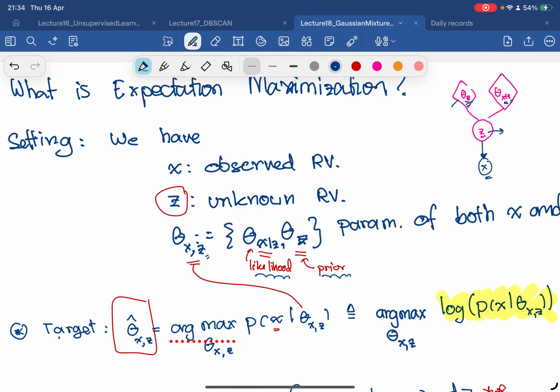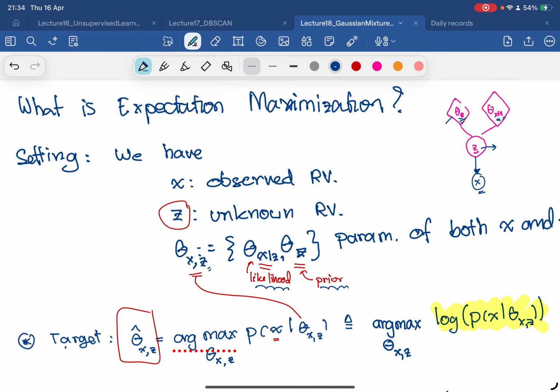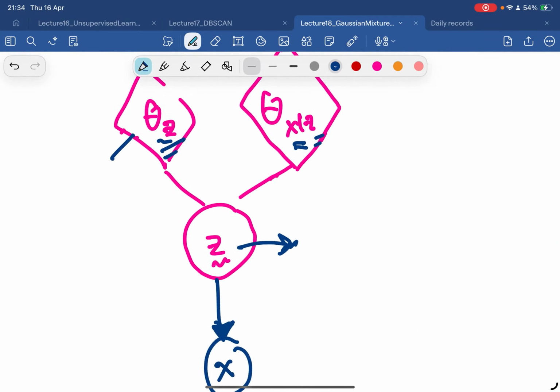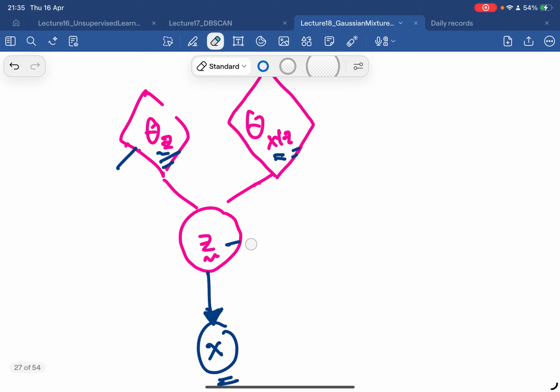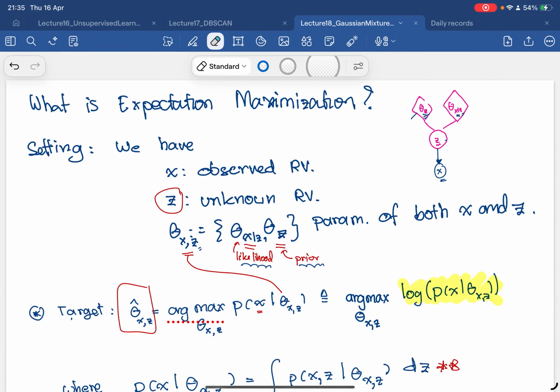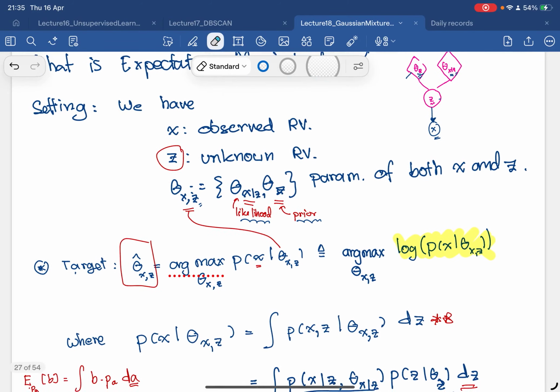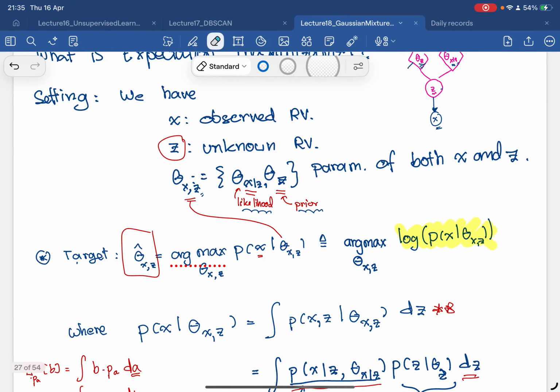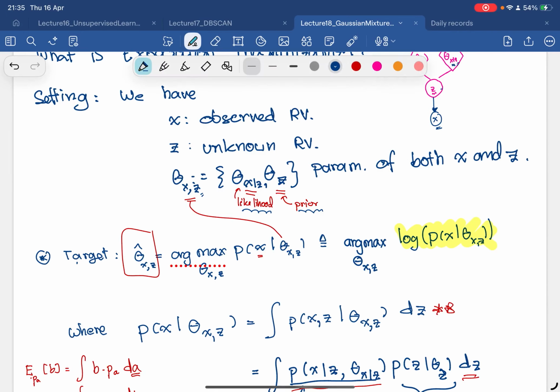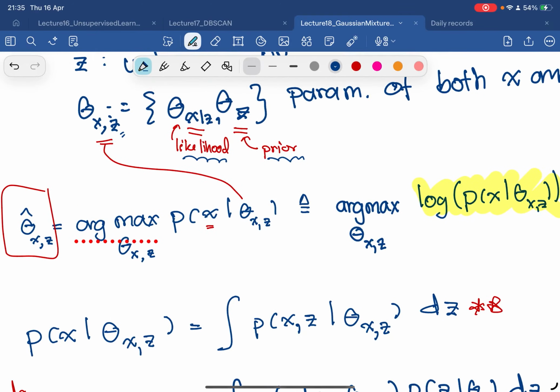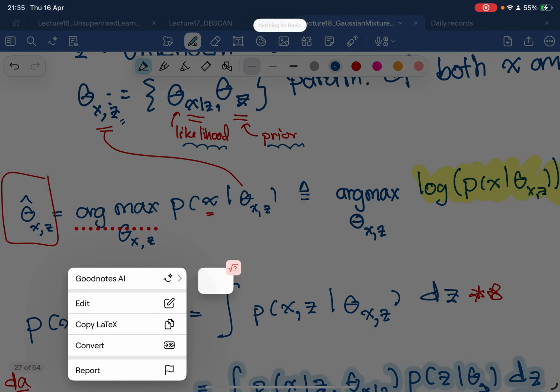Our target is that we want to solve for these model parameters along the way, but we know that Z is unknown. Or maybe we want to solve for Z, but the model parameters are unknown. Both work as well. So the way we do this is, if one of them is unknown, let's say Z is unknown, we can remove the influence of Z by marginalizing it out.